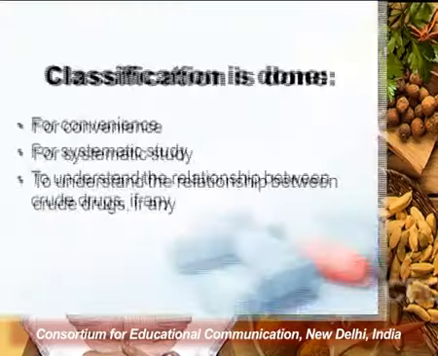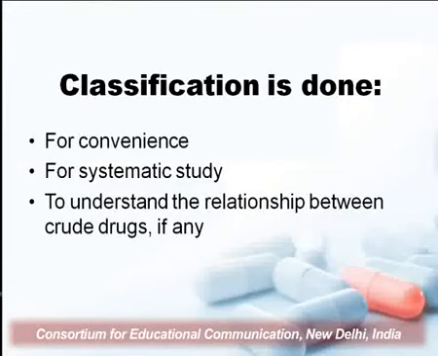Now why is classification done? Largely, classification is done for convenience. Say for example, you enter a library which has around 1 lakh books, and you want a particular book. If the arrangement of books is random, it is very difficult to identify or procure the required book.